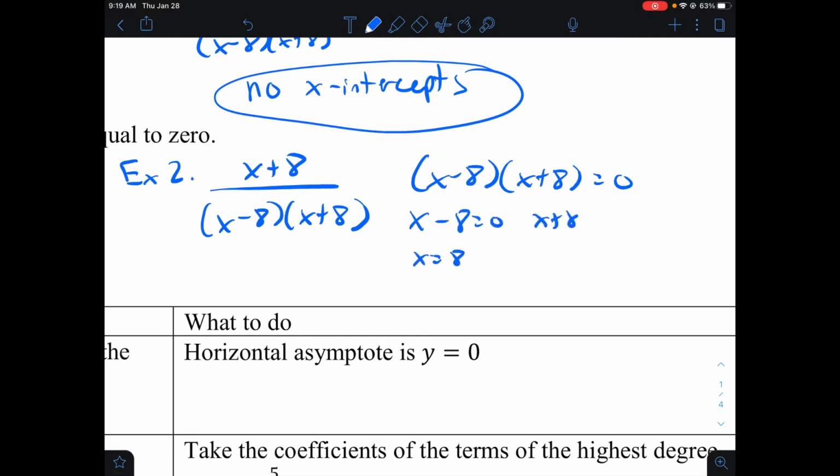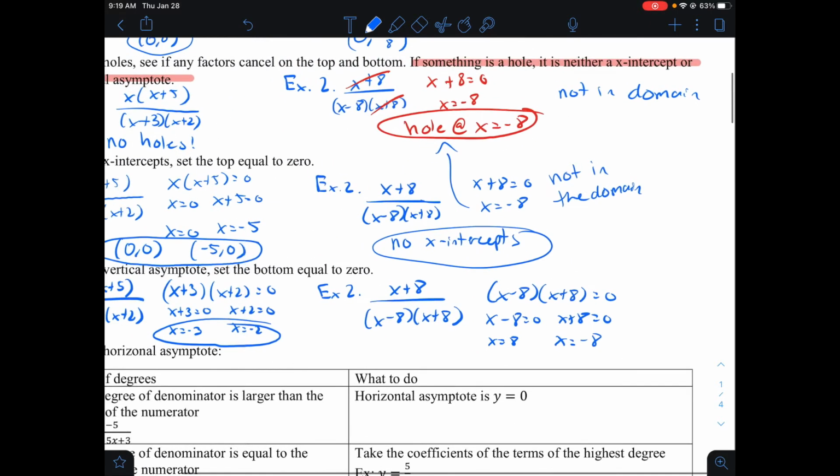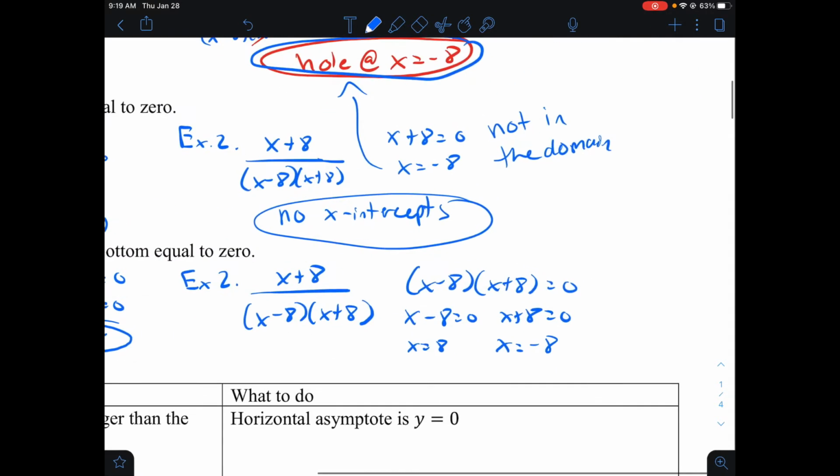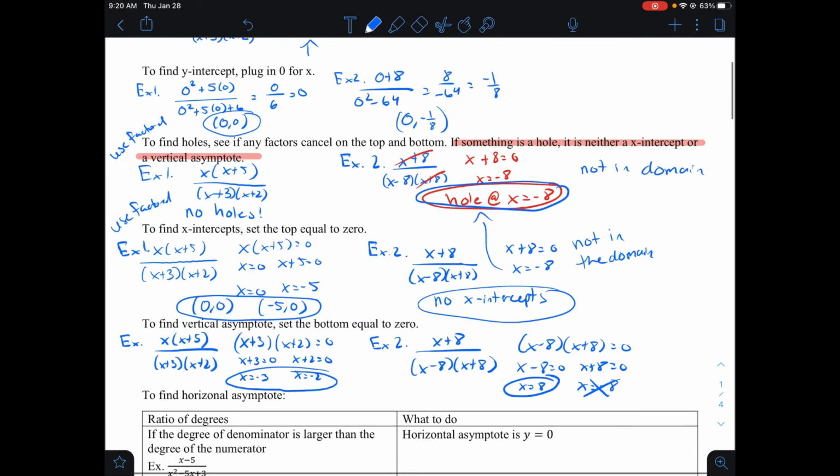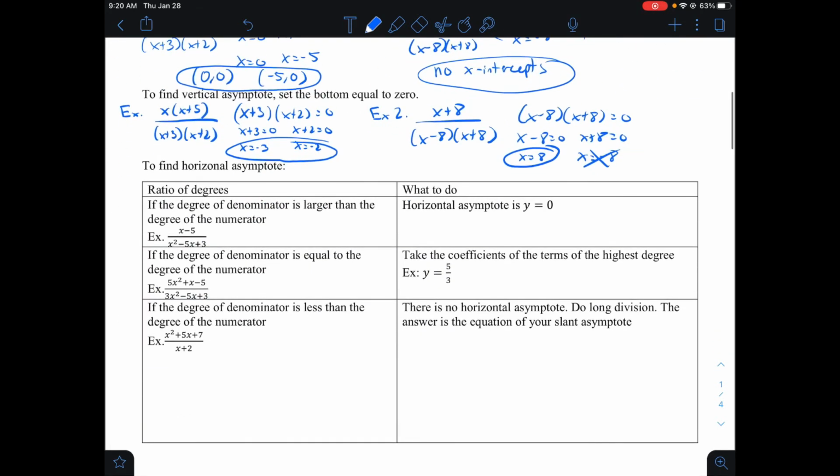And x plus 8 equals 0, we get x equals -8. So again, we run into a problem that there is a hole here at -8. So this one is not a vertical asymptote. The only vertical asymptote you have is x equals 8. So I would maybe star this. If something is a hole, it is neither an x-intercept nor a vertical asymptote. It's a hole. All right, we're making progress.